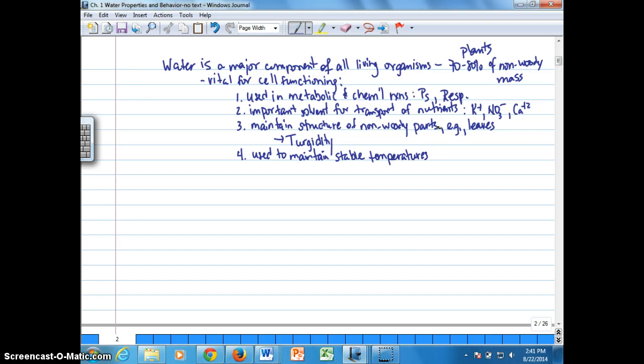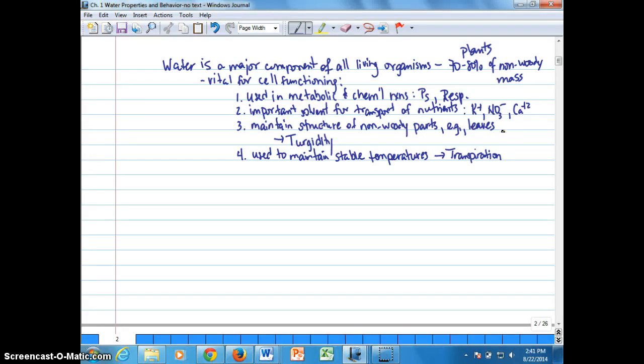So certain chemical reactions take place at certain temperatures. The structure of proteins is maintained at optimal temperatures, enzyme function, and so forth. So water helps to prevent temperature extremes in the plant. One way is through transpiration. Transpiration is the plant's ability to, like our ability to sweat, to help control temperature.